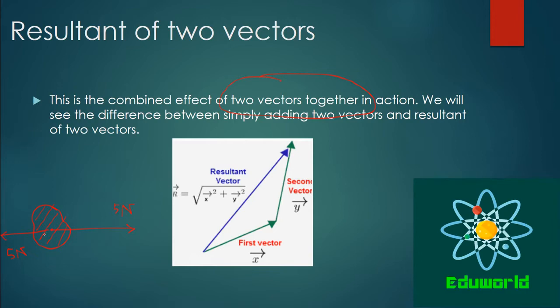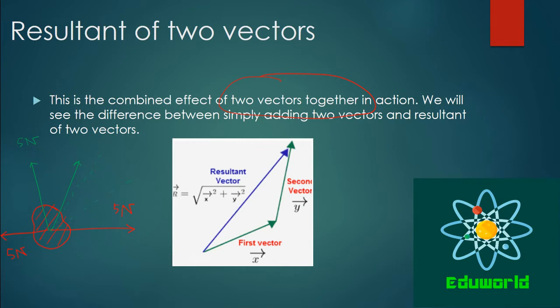As your friend is opposing you totally, the object will not move. But if your friend decides not to pull in this direction but in this direction, then this object will start to move in this direction. And if your friend keeps changing this direction, the effect on this object will also be different.